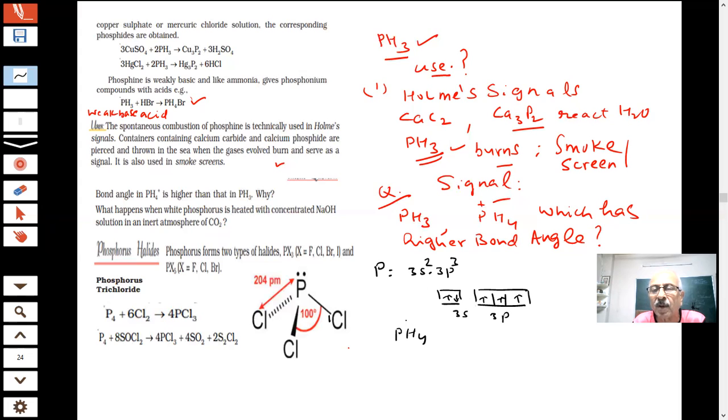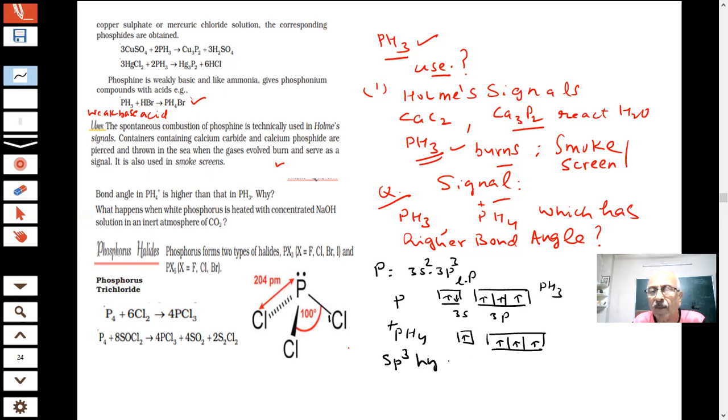When PH4+ is formed, phosphorus has to lose one electron. If it loses one electron, it can form four bonds. This is the lone pair in PH3, and in PH4+ there is no lone pair. One electron has been lost; P+ means one electron lost.